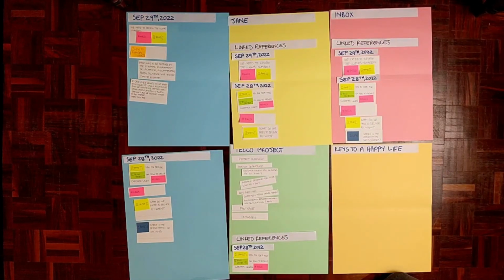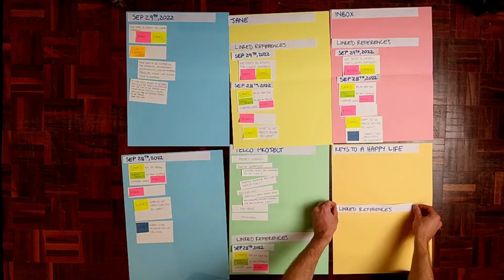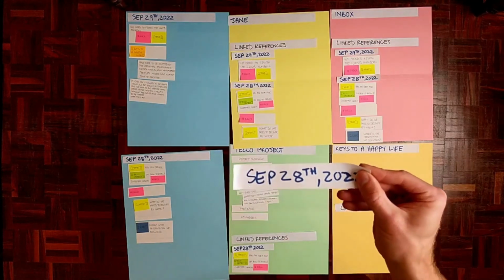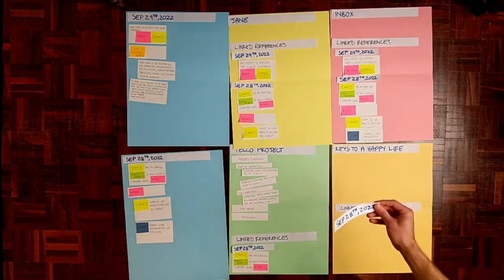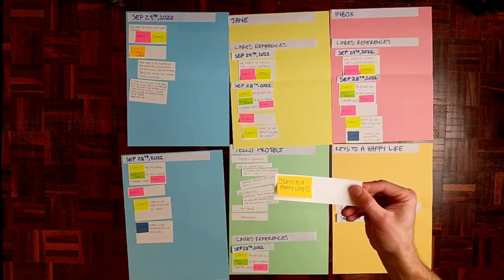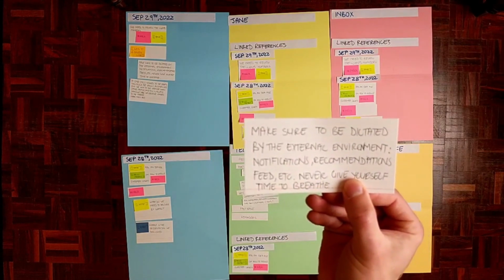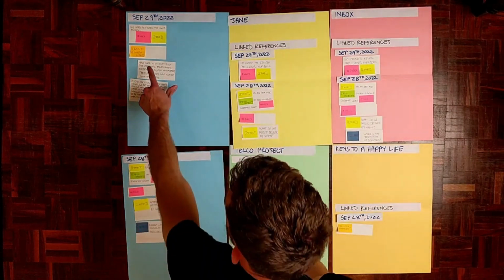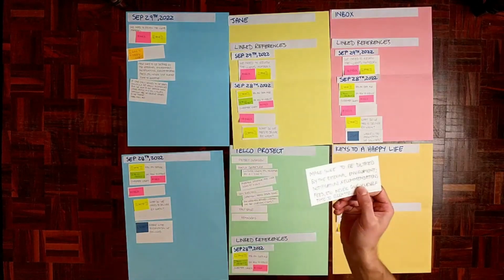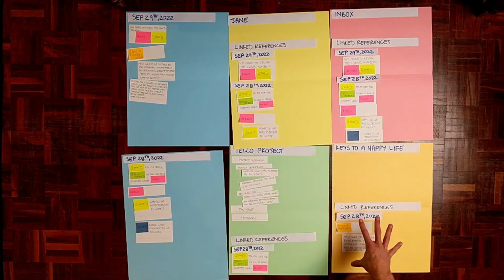And on my linked references section, because it will automatically get a linked reference, I get this link which says September 28th, and then this block, keys to a happy life, now appears over there, and all the information that is nested underneath that block on this page over here will appear underneath the linked references here. So make sure to be dictated by the external environment, etc., etc. That all appears there on this keys to a happy life.